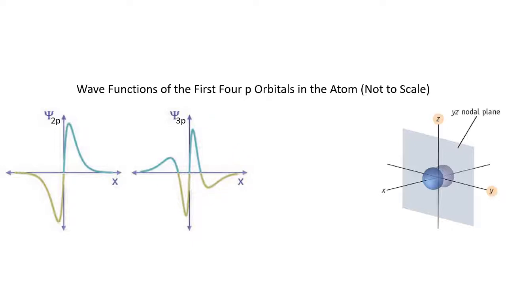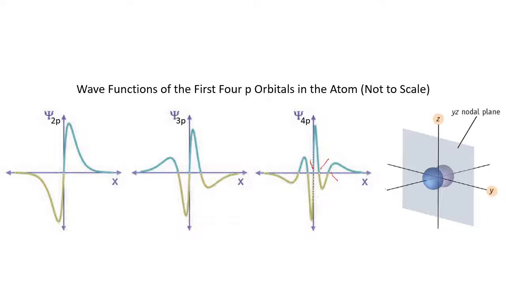Let's look now at the 4p wave function, and this trend continues. Again, the wave function goes to 0 at the nucleus, which is the origin of the graph. It peaks shortly on either side of the origin. And now this time I cross the x-axis at the origin here, another time there, another time here.